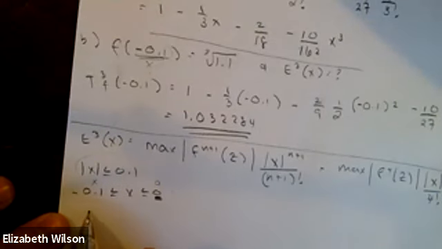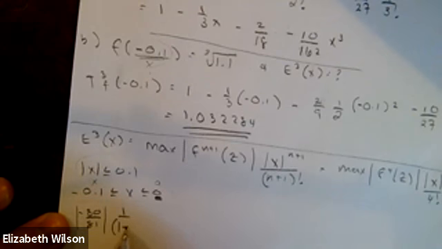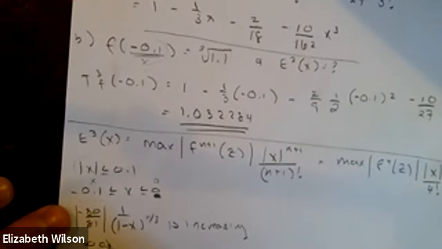My first derivative is minus 80 over 81. The absolute value of that, 1 over 1 minus x to the 11/3, is increasing. So we're going to choose a z value equal to the upper bound, choose z equal to 0.